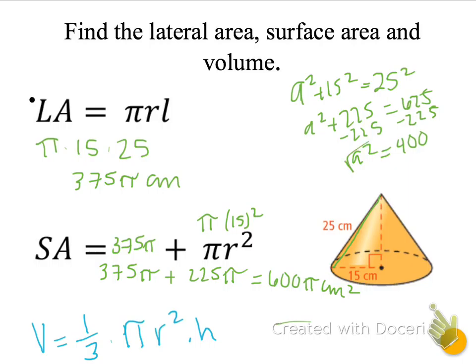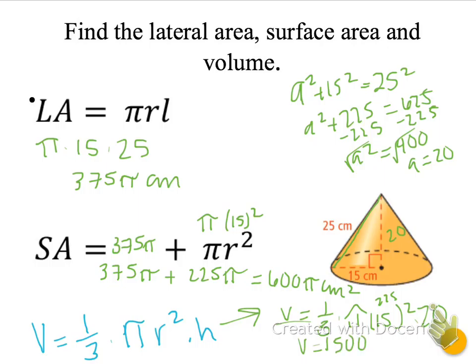We square root both sides, so a equals 20. So my inside height is 20. So my volume, V, equals 1/3 times pi times my radius, 15 squared, times my inside height, 20. 15 squared is 225, so I take 225 times 20 times 1/3. So my volume equals 1,500 pi centimeters cubed.